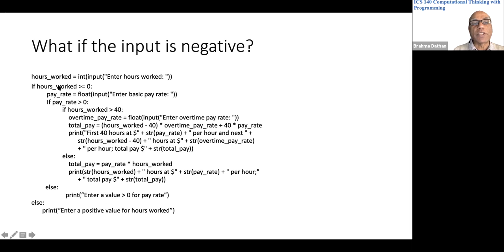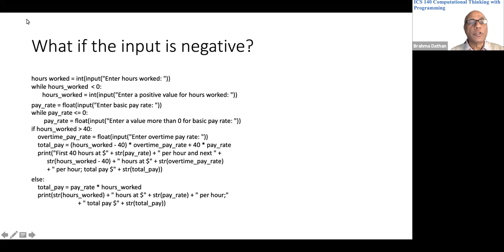If the hours worked is less than 0, you display an error message. But this checks for the input, but it doesn't give the user a chance to correct the issue. If the user makes an error, the program simply ends. Sometimes that is not desirable.